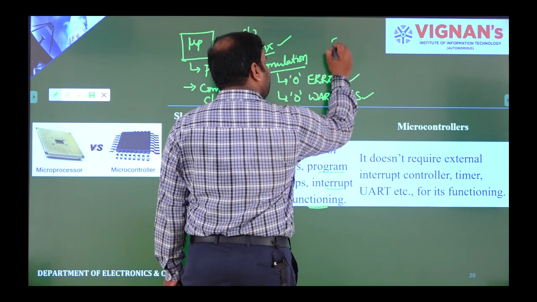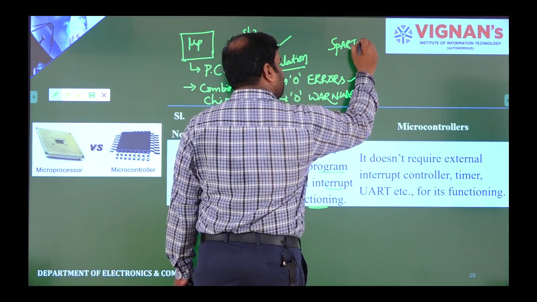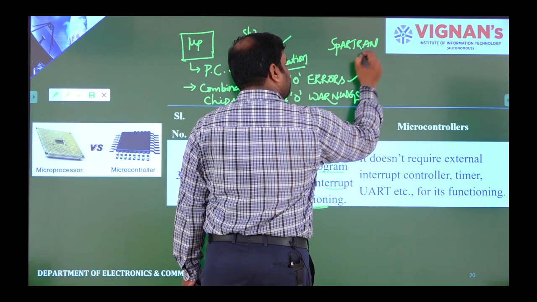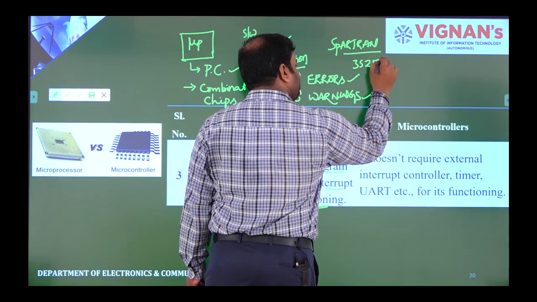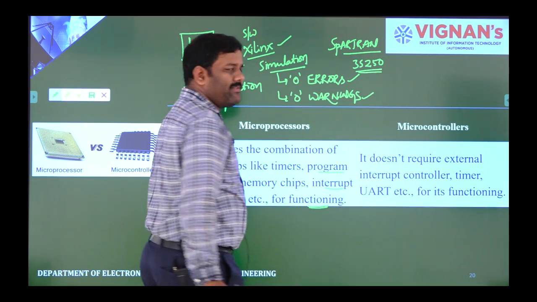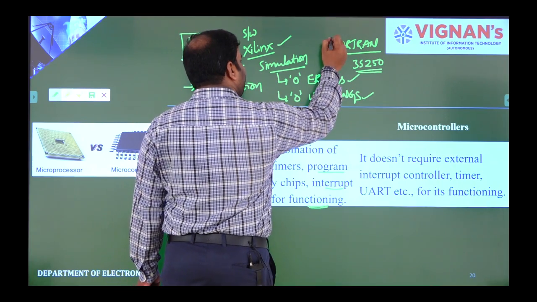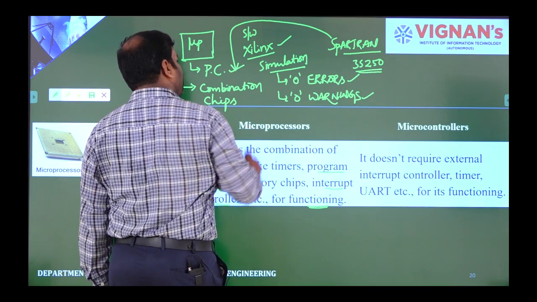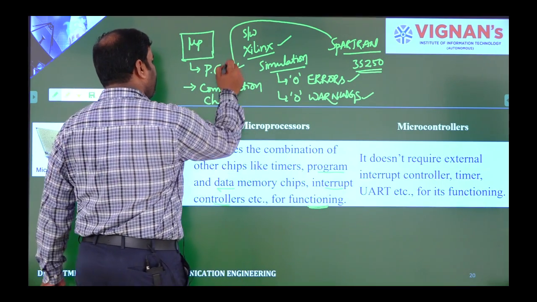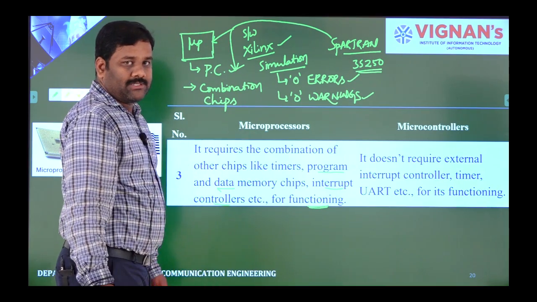Then I will consider one VLSI processor kit, Spartan 3S250. It's just one version of the Xilinx kit. This Spartan kit has to maintain some connection with the PC. The PC is nothing but your microprocessor.